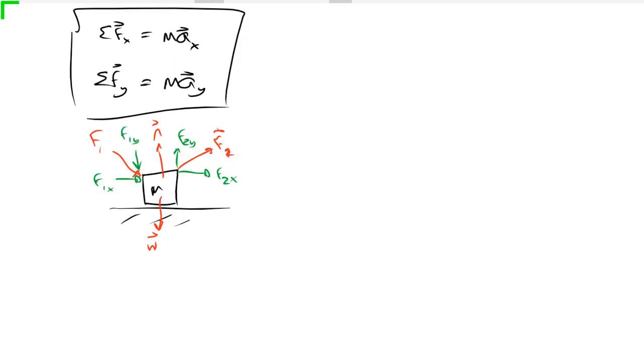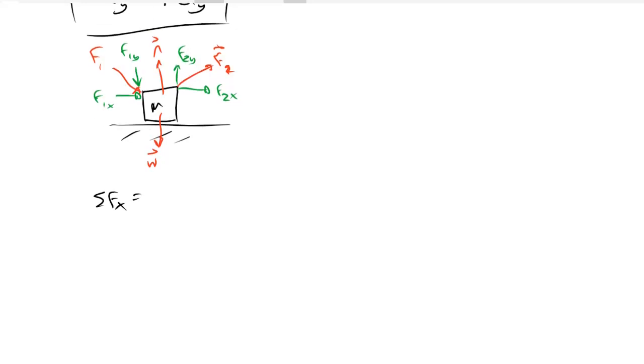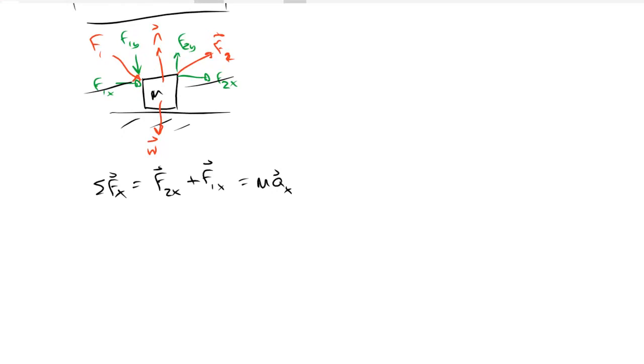And so then we can sum the forces in each direction respectively. The sum of forces in the x direction would be equal to f2x plus f1x, and these are my only forces in the x direction. So this must be equal to the mass times my acceleration in the x direction. Similarly, we would do this in the y direction as well.